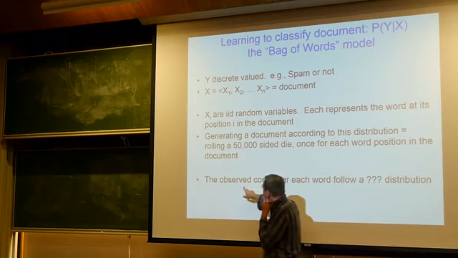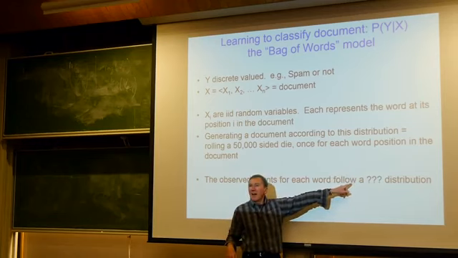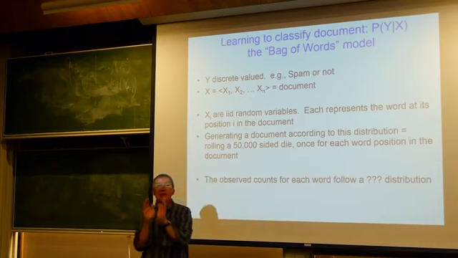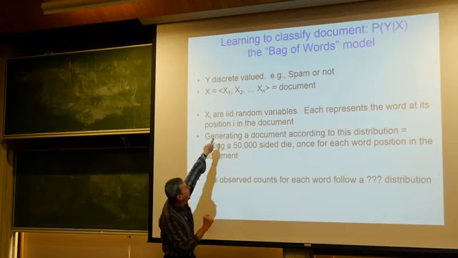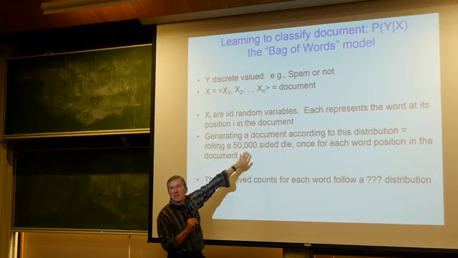And so if we do that, now let's go back to rule number 1. Always say what your random variables are and what they can take on. So these can take on each of 50,000 words as their values.